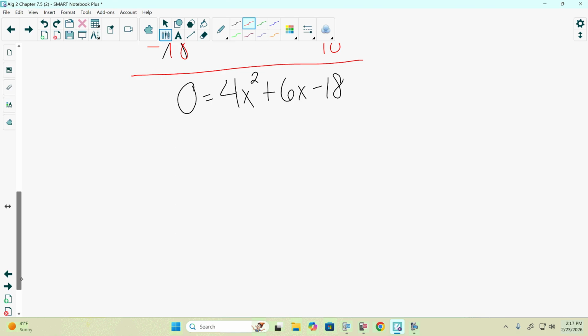Now, we need to factor this to be able to solve. Because if I can rewrite this as 2 or more things being multiplied together to equal 0, we can just set each of those things equal to 0 and solve. First thing we always want to look for is the greatest common factor. Is there a common number or term in all 3? And 2 is a common factor of all 3 terms.